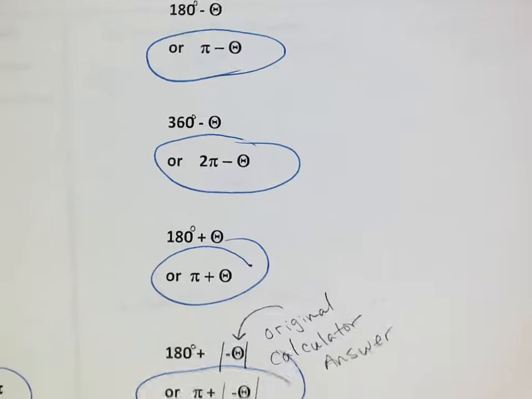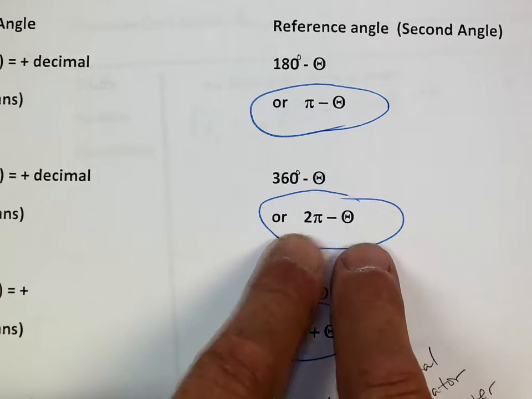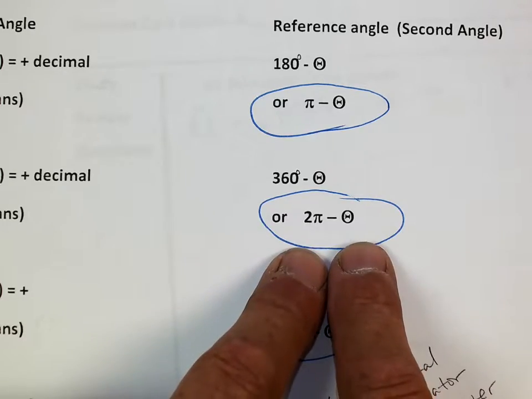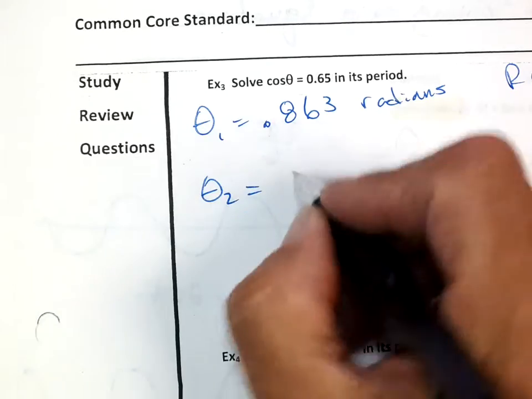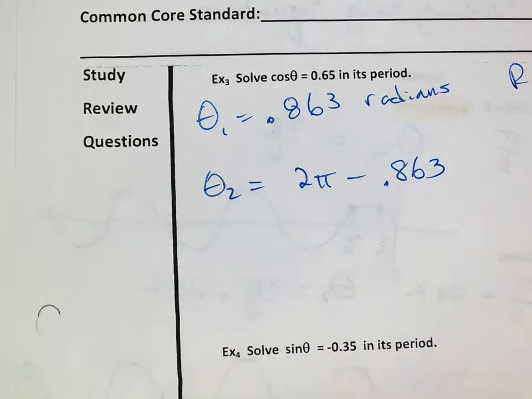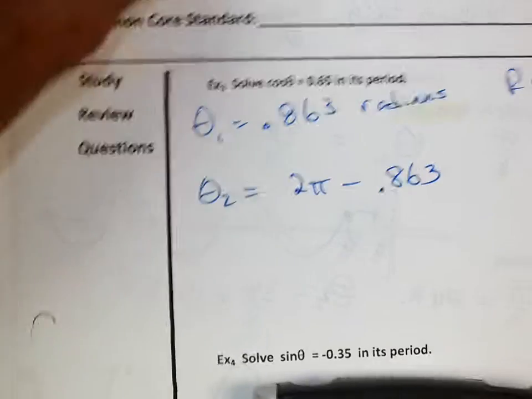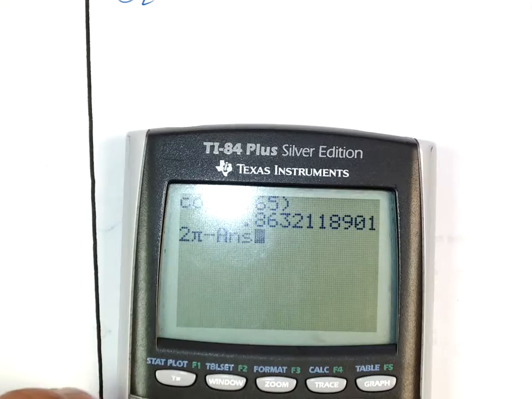So how do we find the other angle? We're just going to take 2 pi minus theta 1. Okay, so to get my other angle, to find theta 2, my chart says 2 pi minus 0.863. So I'm just going to take my calculator and go 2 pi minus that answer, right?